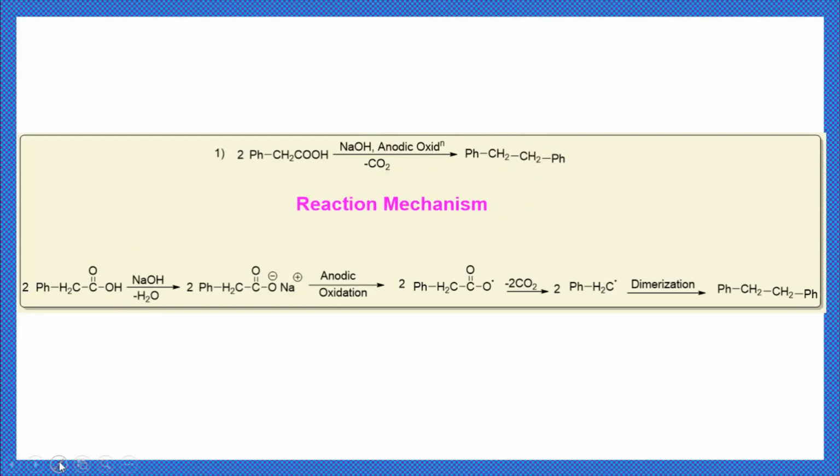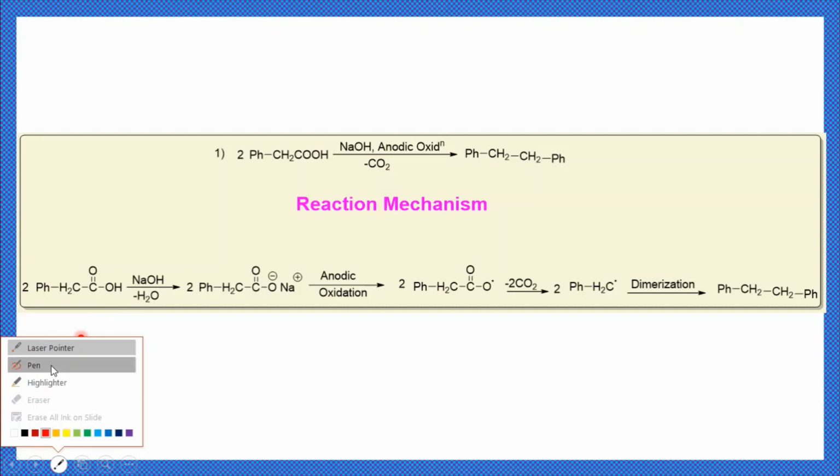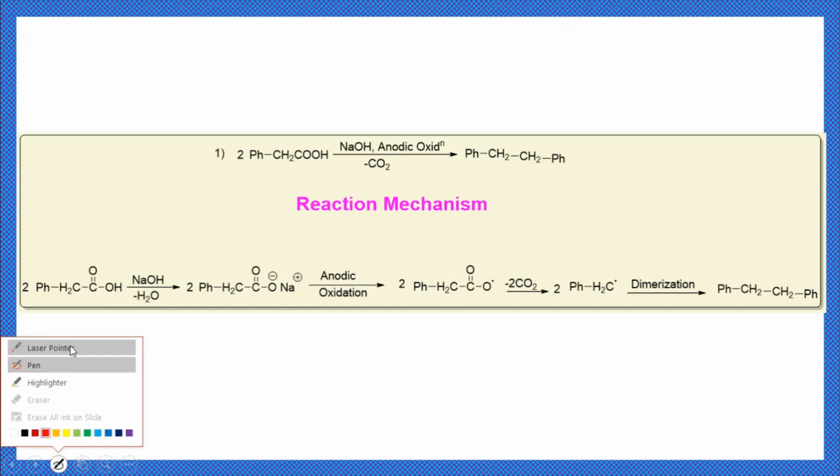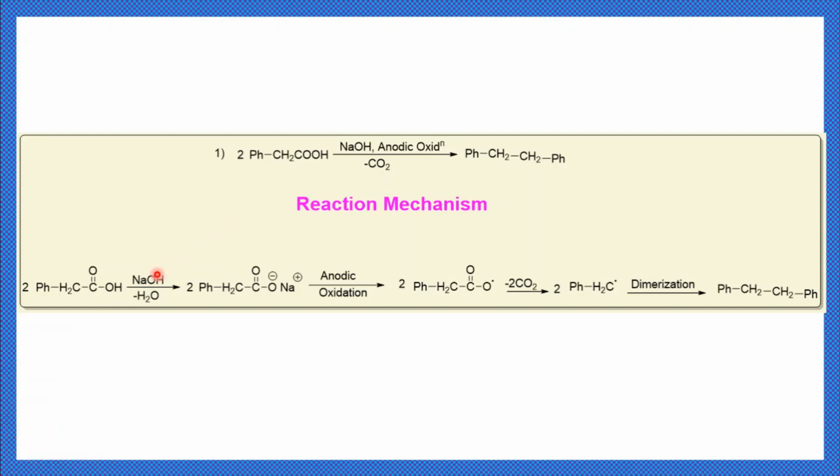Its reaction mechanism is very simple. This phenyl acetic acid reacts with NaOH, so it's an acid-base reaction. The role of this sodium hydroxide is that it takes this proton and generates the sodium salt of phenyl acetate.